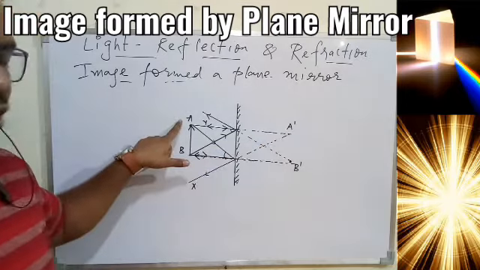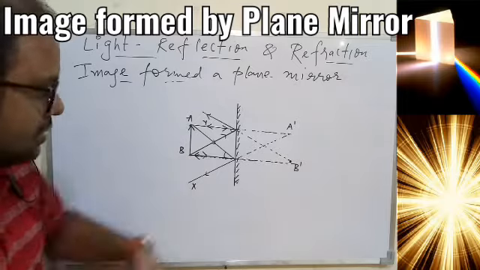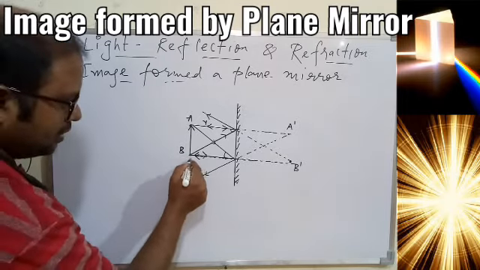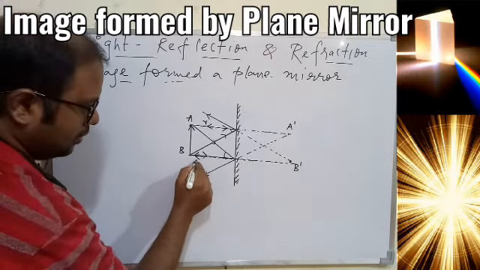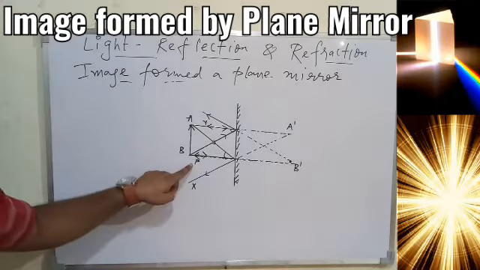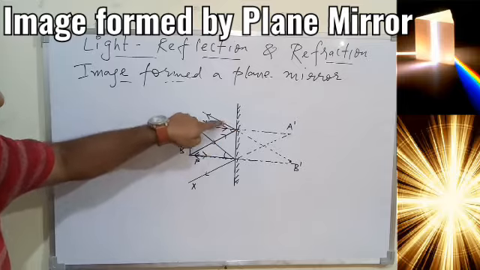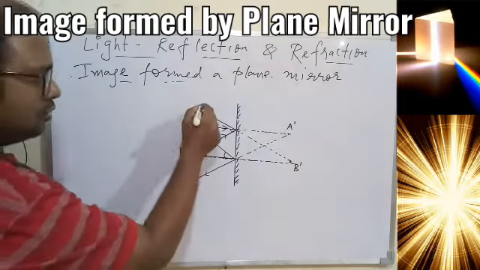So A prime is the image of A. Now the same thing we did for B also. The first ray is reflected back here only. Let it be P. So the first ray is this one, which is reflected back, and I have given it the name P, and the second ray I have taken this one. So already understood, this is the reflected ray. So this is your PQ.